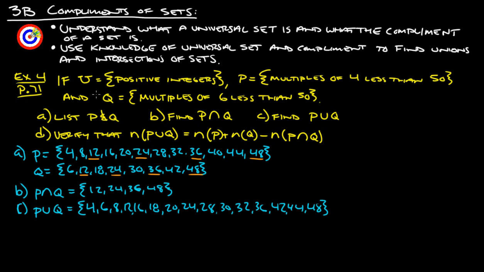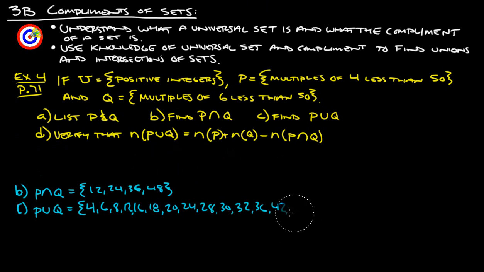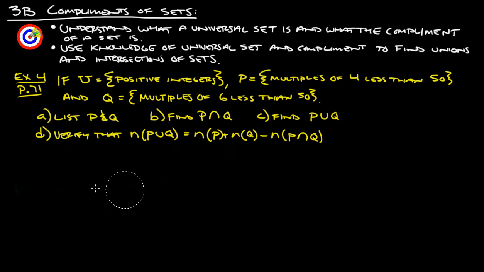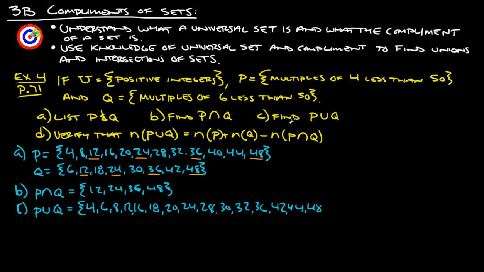That's fun. Alright, and then let's do part D here. We're going to need some space, so let's get rid of this stuff here. Alright, so let's do D. So verify that the number of elements in P union Q, which was C, which we just erased.